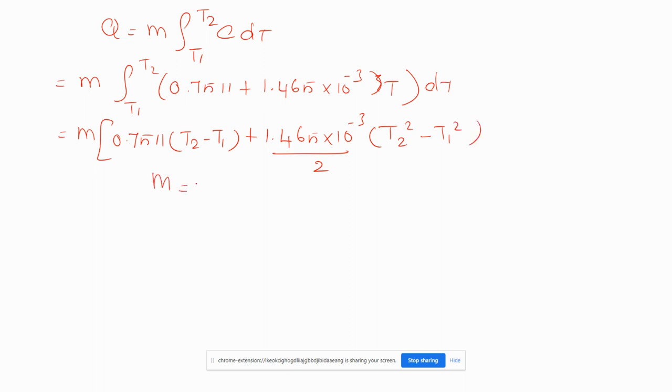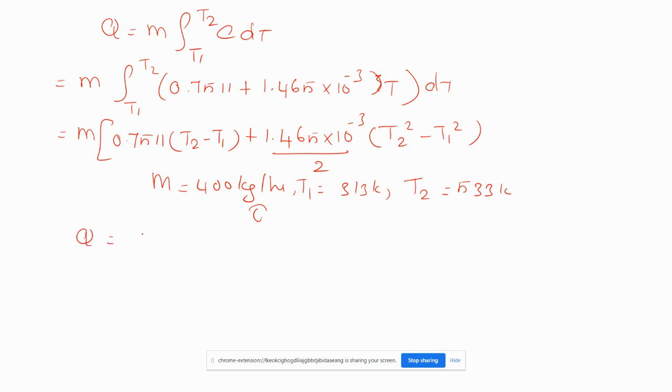Now M is given as 4000 kg per hour, T1 is 313 Kelvin, T2 is 533 Kelvin. Substitute the values in the above equation.